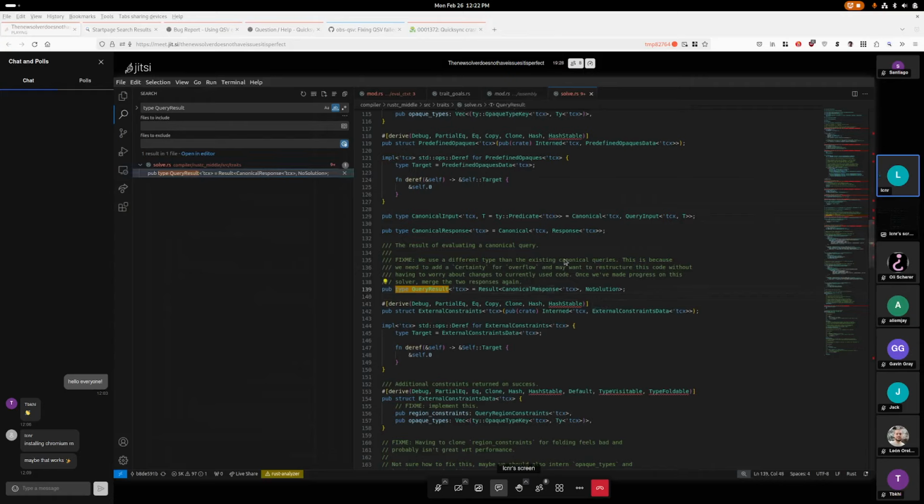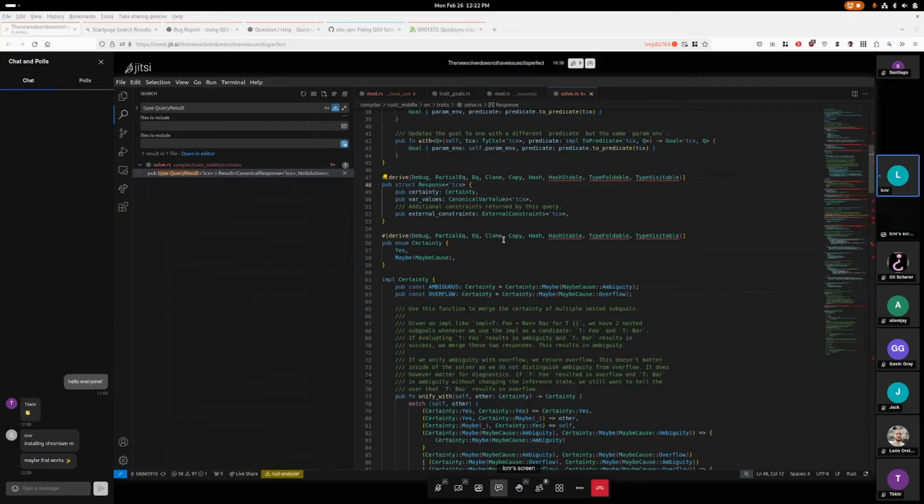And then if it might be well formed, we return a canonical response, where a response has our certainty, which is either yes, in which case the goal definitely holds and we don't have to try again at any point because it's now done, or it's ambiguous, or maybe, which is either the case because of overflow, or because we are stuck at some point.